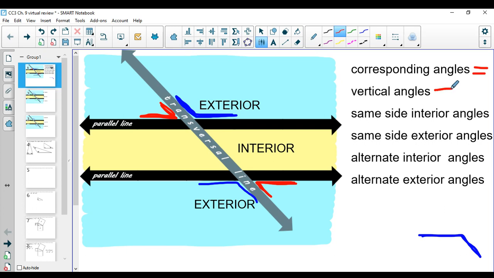Vertical angles are equal to each other. Alternate interior angles are always equal. Alternate exterior angles are always equal. Same side interior and exterior angles add up to 180. They are not the same size.